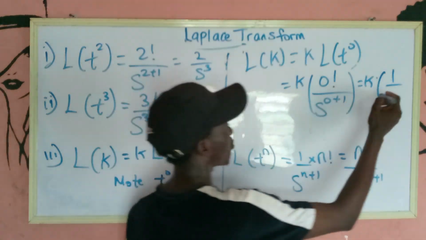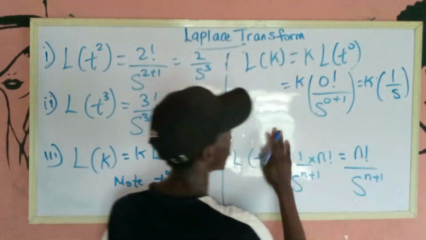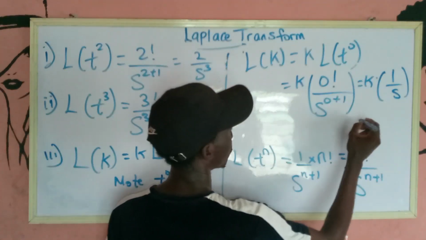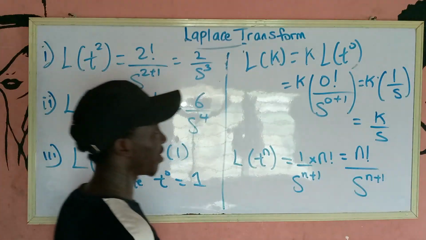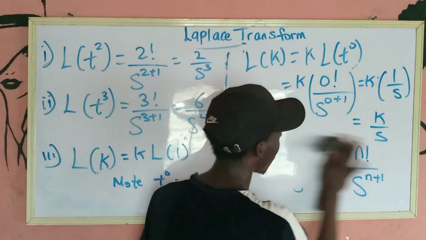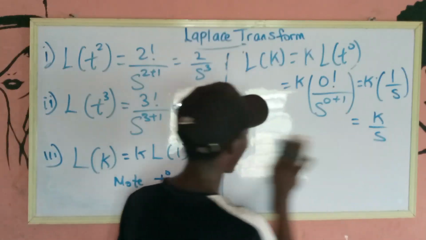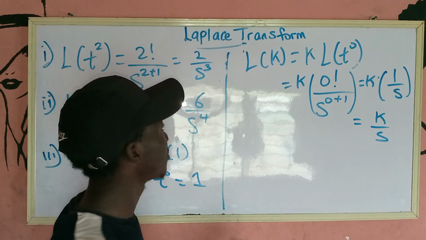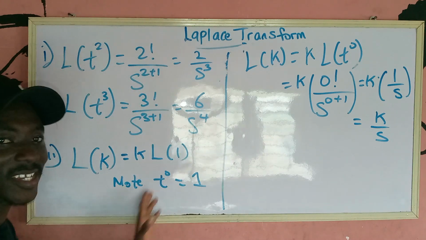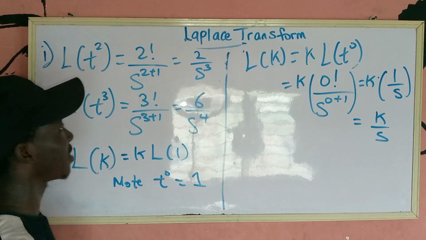So that is s raised to power 1, and that is s. And everything becomes k times 1, which is k over s. If you remember the former result, we also got the same k over s. So that's how it works. It's very simple.